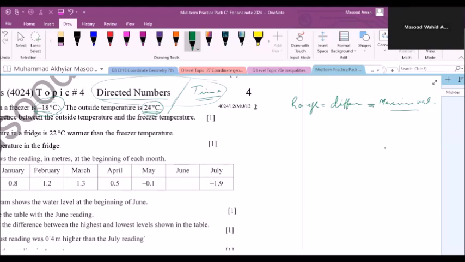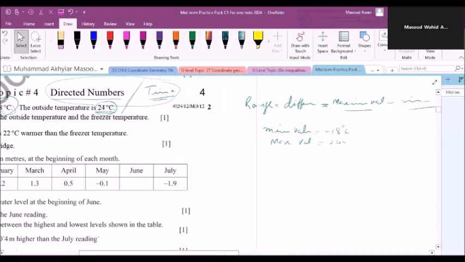So the minimum value is minus 18 degrees centigrade, and the maximum value is 24.